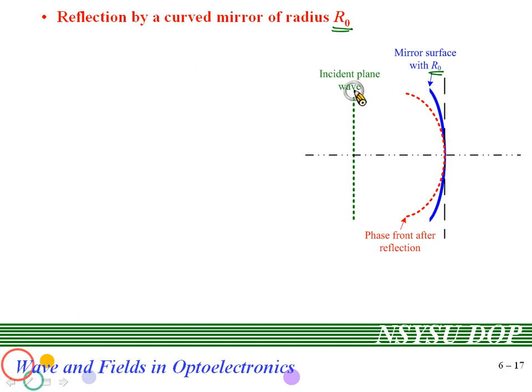Let's see. We consider a plane wave shown here with the green line. The green dashed line stands for the phase front of the plane wave. As the plane wave goes this way, the point here hits the mirror.